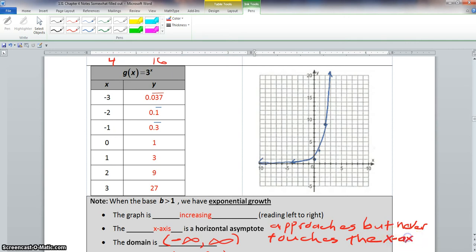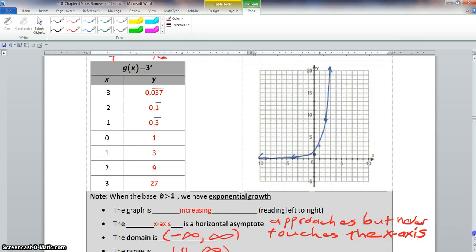As you see how everything is disappearing and skipping, that's what it would have done had I tried to do this graph by hand. But the horizontal asymptote is when a graph approaches but never touches. And in this case, it's the x-axis. It approaches it but never touches the x-axis.